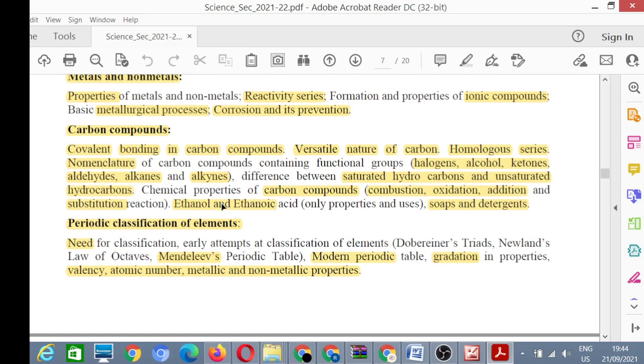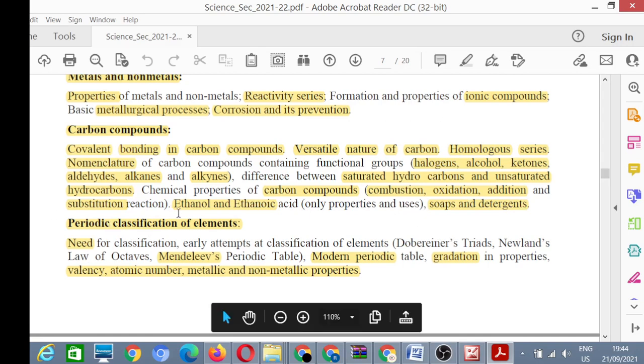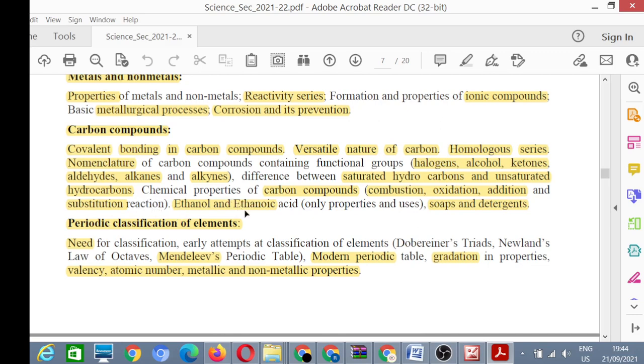Then chemical properties of carbon compounds. What are the different chemical properties of carbon compounds? Combustion, oxidation, addition, and substitution reactions. We have already discussed these types of reactions earlier also.